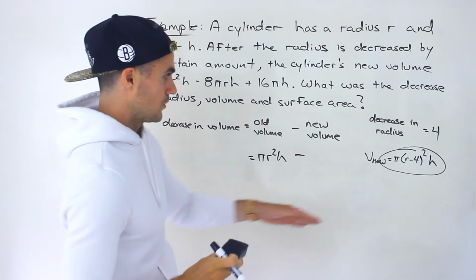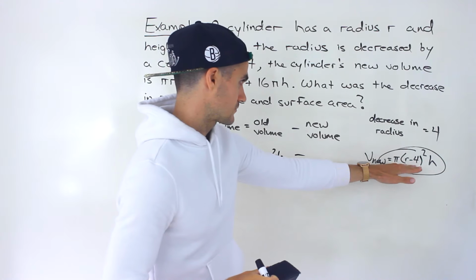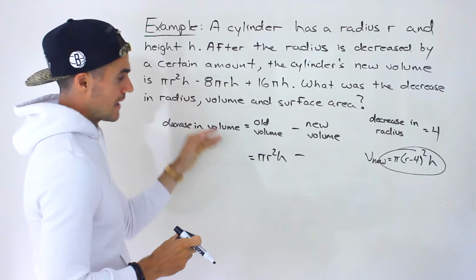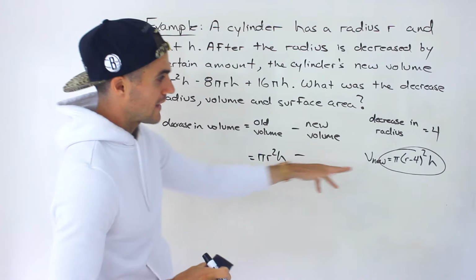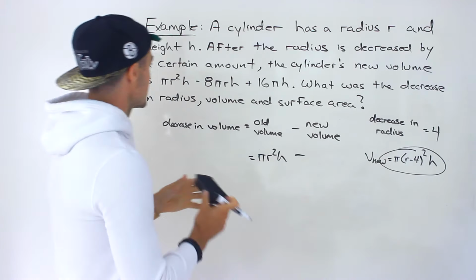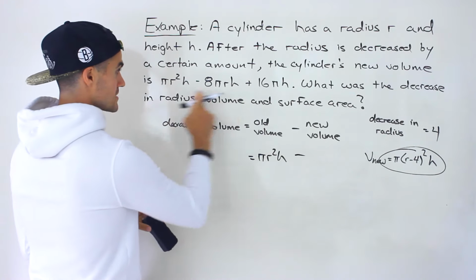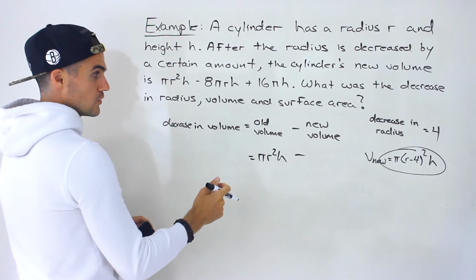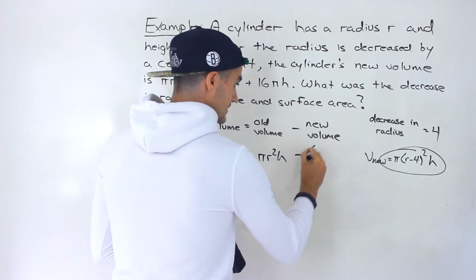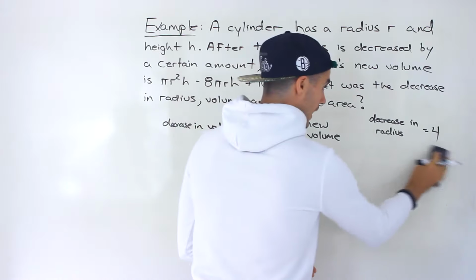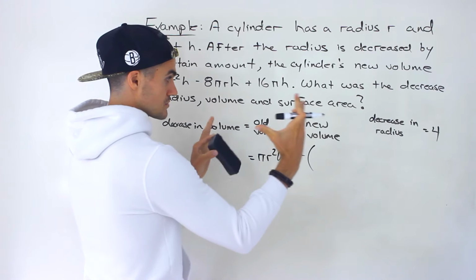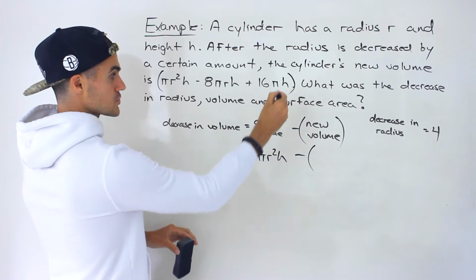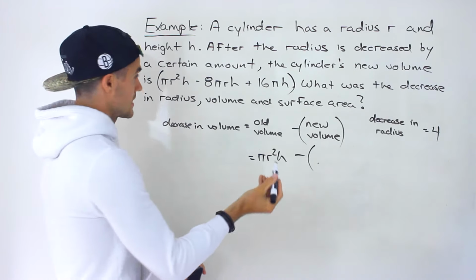So the question is, would we want to plug in this or plug in this, the expanded version? Because we're going to be simplifying anyways, we would have to expand this anyways. I feel like it's better to plug in this amount over here, this whole thing for that new volume. So we're going to be subtracting that entire new volume, but that has to go in brackets. So just be careful here. You're subtracting that whole new volume. So we got to put this expression in brackets in this calculation.